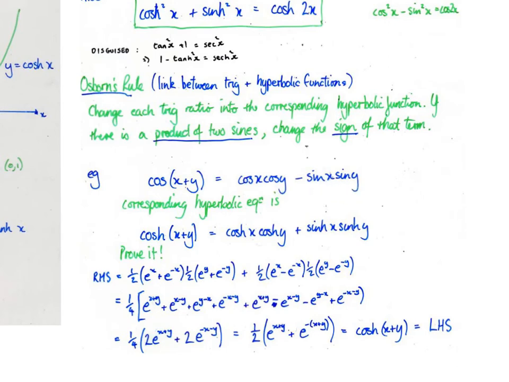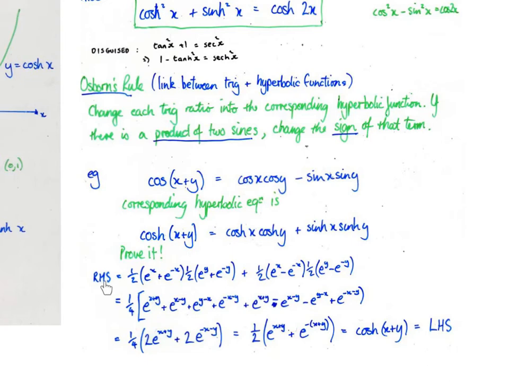So if I want to use Osborne's rule to change to my hyperbolic equivalent, then that sign will change from a negative to a positive. So it becomes cosh of x plus y equals cosh x cosh y plus sinh x sinh y. And again, we're often asked to prove that. As in any proof, work one side until it equals the other.